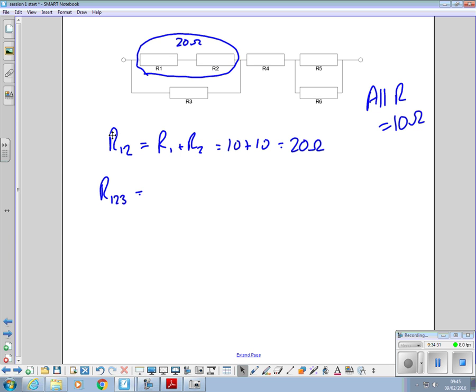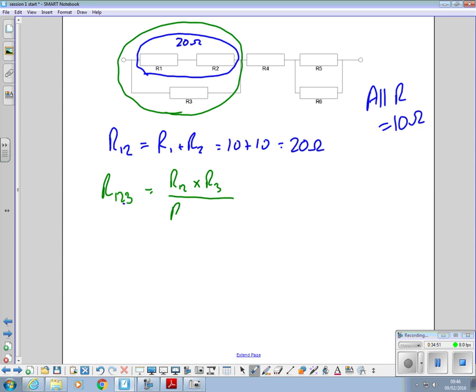Tell you what, let's do that in green. We'll do that using product over sum. So it's going to be R12 times R3 over R12 plus R3.